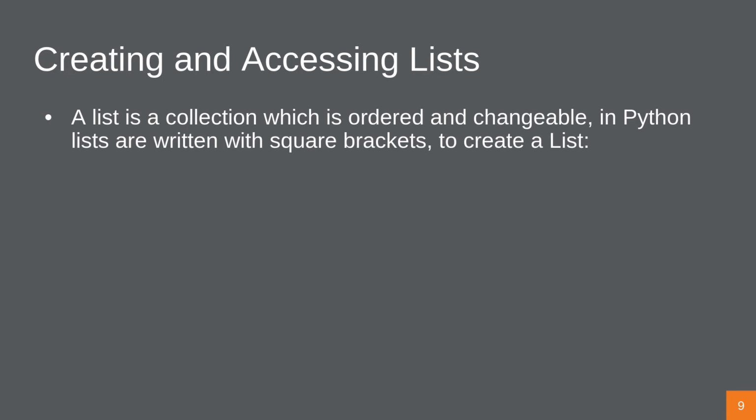The useful thing about that order is we can say, give me the thing at this position. It's also changeable, so we can change the values in the list. Another word for changeable that's more used in computing is mutable, mutable, immutable. I prefer to use changeable because people understand what that means.